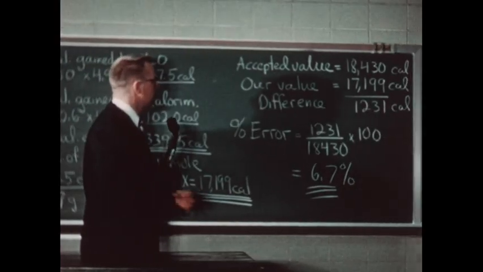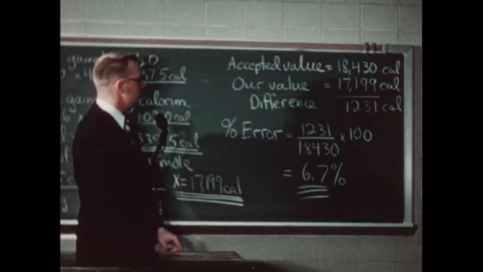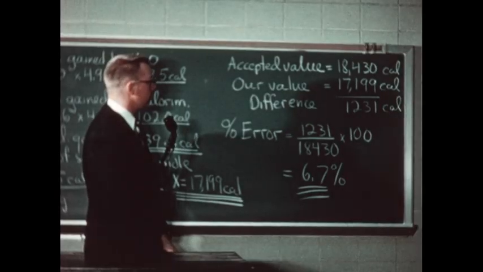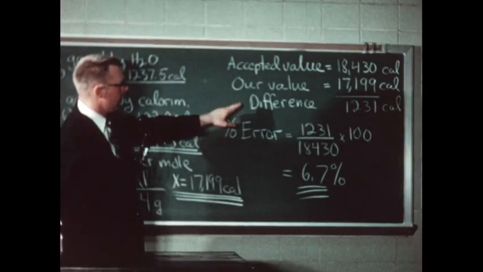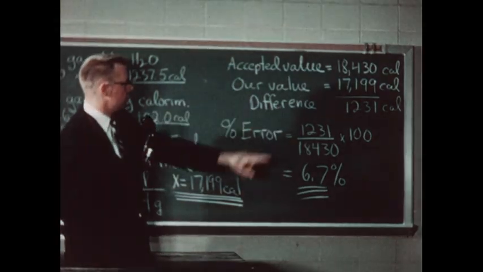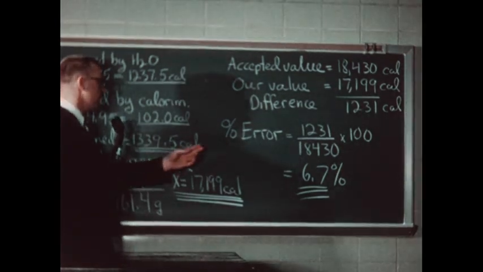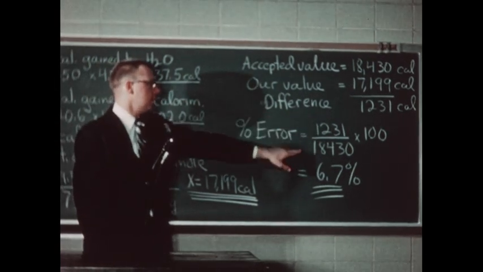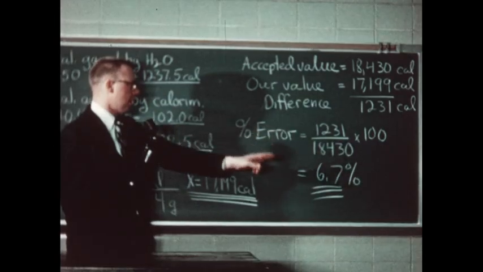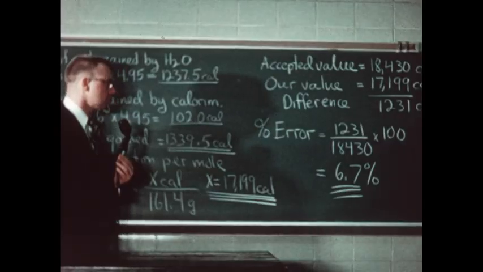Now, reference to the lab book shows us that the accepted value for this heat of solution is 18,430 calories. Our value was 17,199. The difference is 1,231 calories. Our percent error, therefore, is the difference between the two values divided by the accepted value multiplied by 100, or 6.7% error.